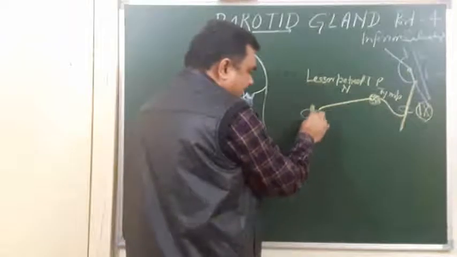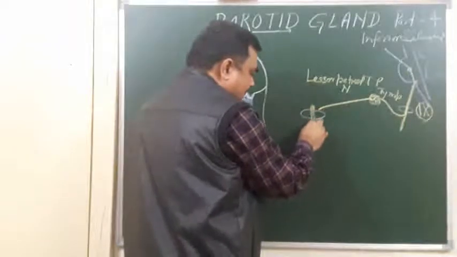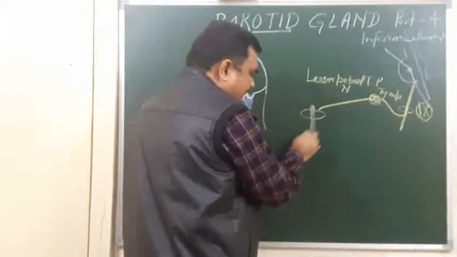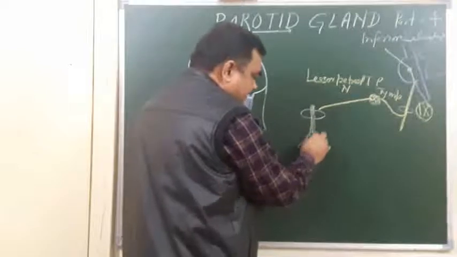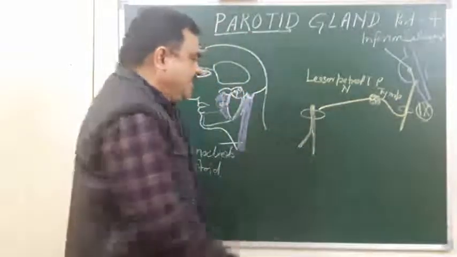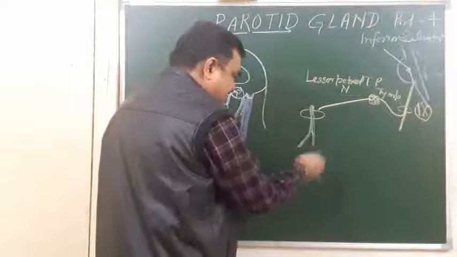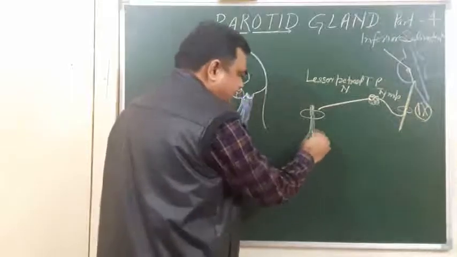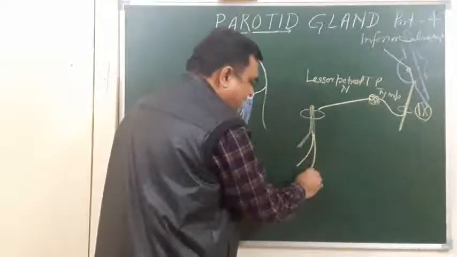After passing the foramen, the mandibular nerve divides into 2 divisions, anterior and posterior. The posterior division gives 3 branches: lingual, inferior alveolar, and the auriculotemporal branch.